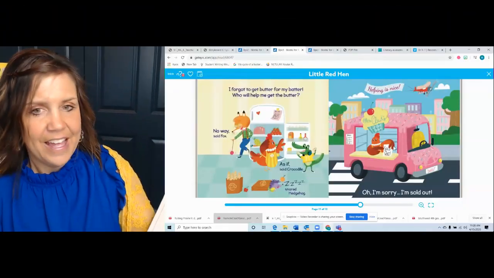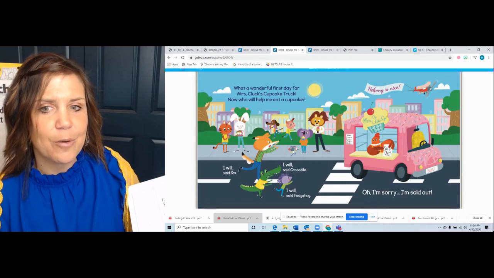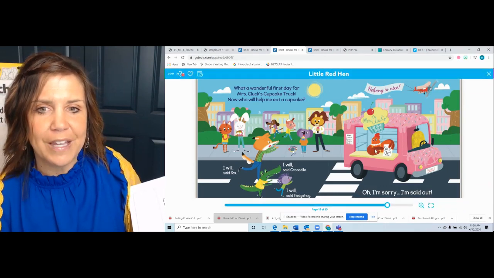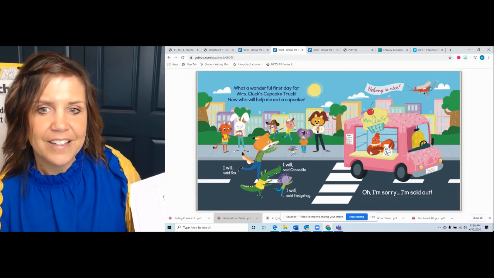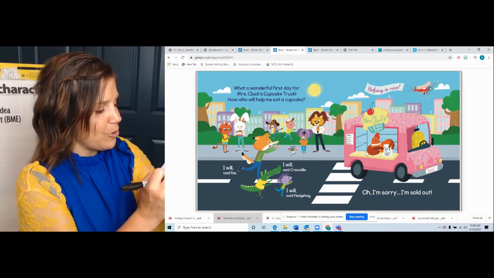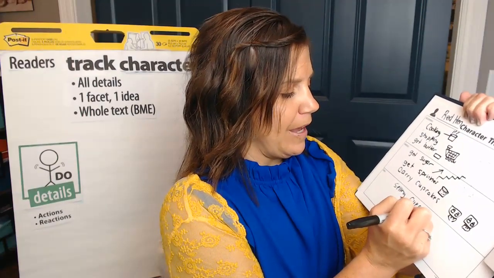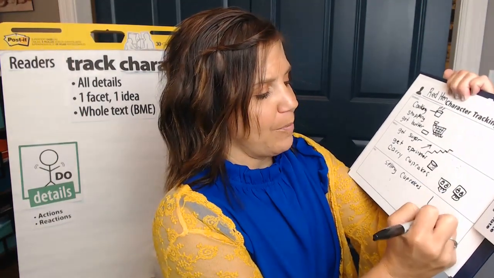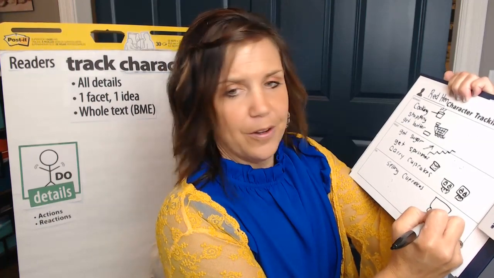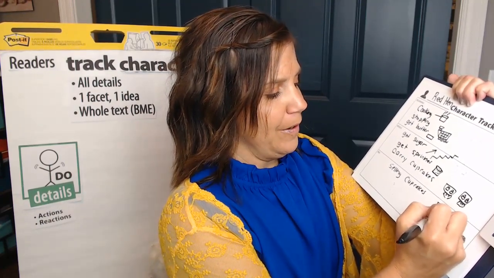Okay. And then at the end, let's see, the end of the story, what is she doing? Yeah, she's selling cupcakes, isn't she? She's selling them in her truck. Selling cupcakes, and she's got them kind of in her little cupcake truck. So I'll draw her cupcake truck there with a big window.